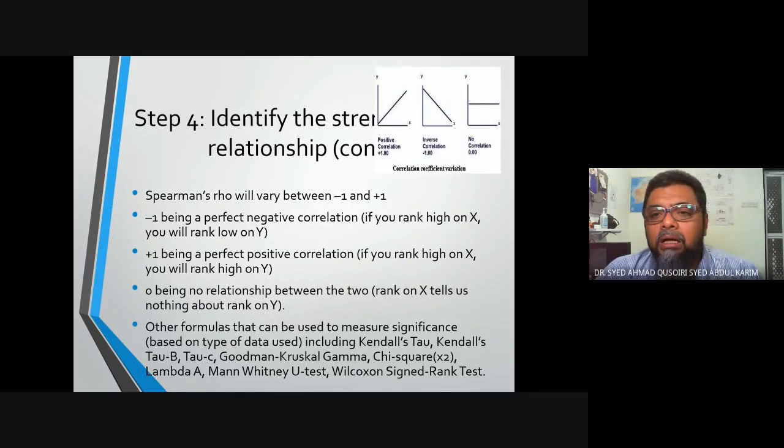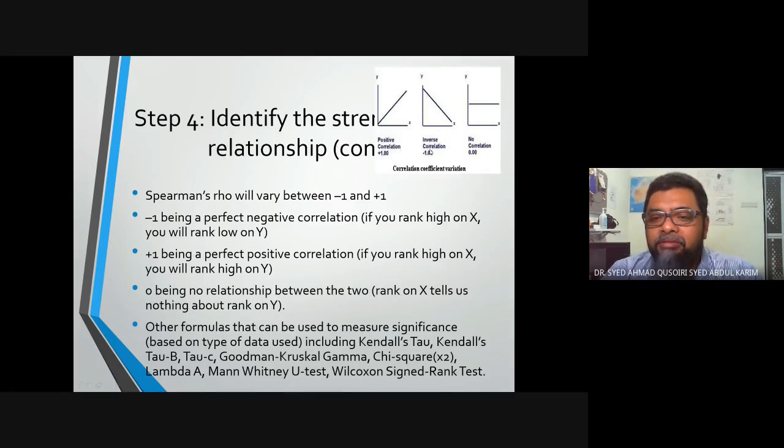A brief example here, there is a graph at the top right hand corner. You can see correlation coefficient variation. That Spearman's rule that we're talking about will vary between -1 and +1. Negative one is a perfect negative correlation, the middle one here.